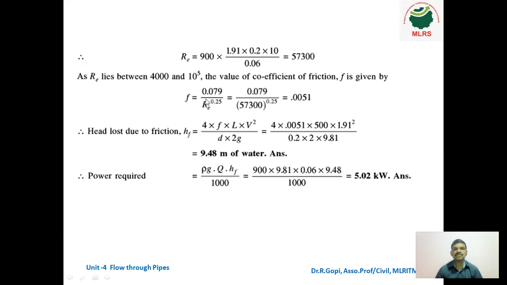So substitute f equal to 0.079 divided by Re power 0.25, and we got 0.0051. Substitute the coefficient of friction in the loss of head due to friction formula, and we got 9.48 meter of water. Therefore power required equals rho g Q hf divided by 1000, and finally we got 5.02 kilowatts.